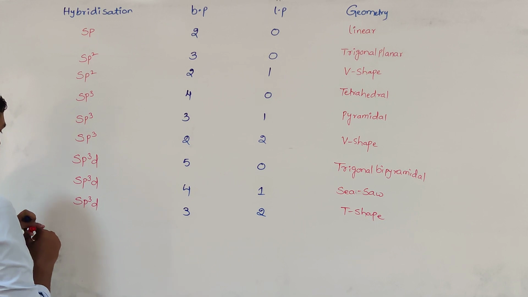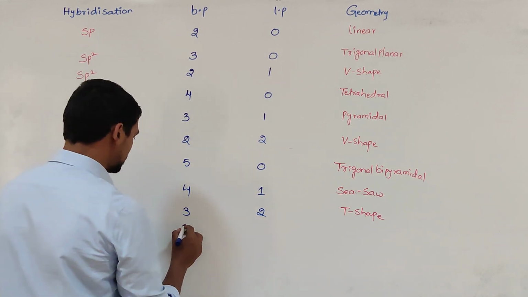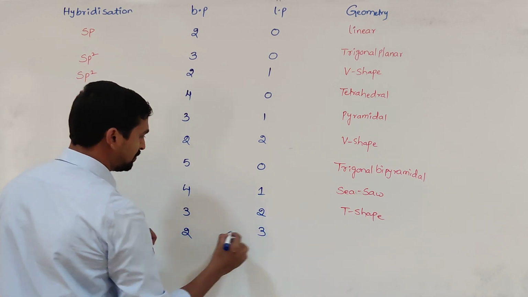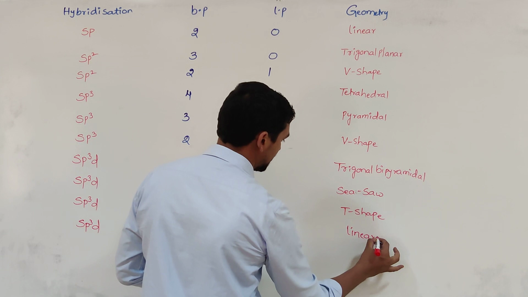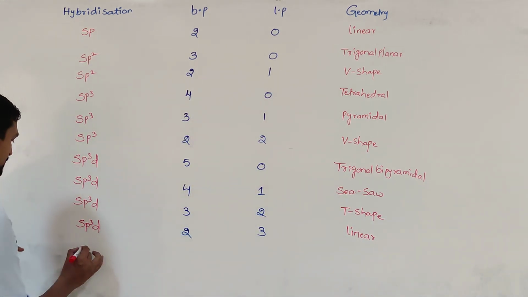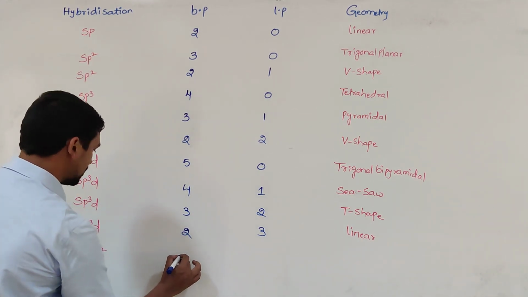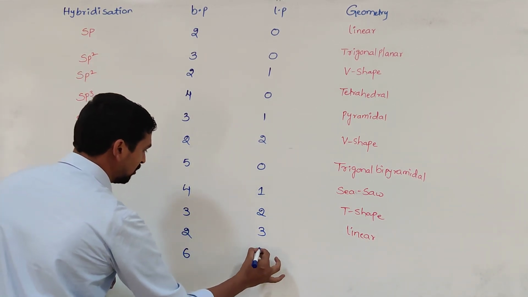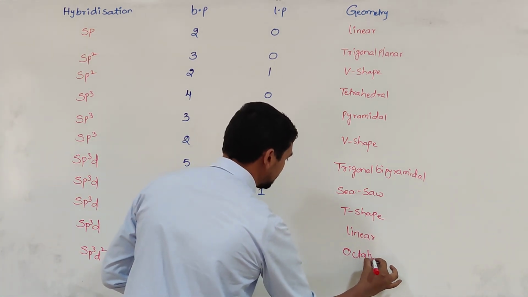If sp3d hybridization has 2 bond pairs and 3 lone pairs, the geometry of the molecule is linear. The last hybridization, sp3d2: here 6 bond pairs, 0 lone pair, the geometry is octahedral.